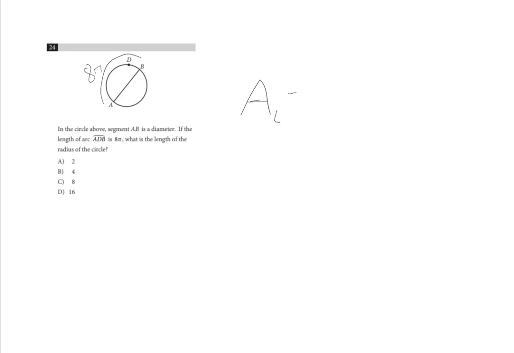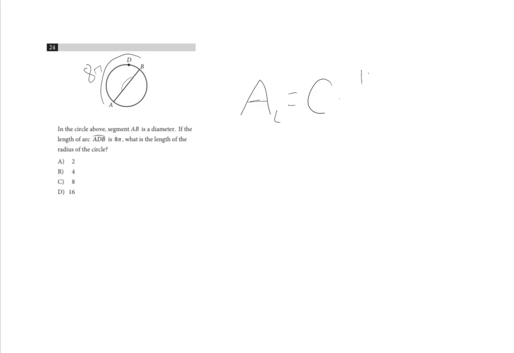So we know that our arc length is some portion of our circumference, right? And in this case, it's made by this angle here. This angle right here, well, it's a flat line.